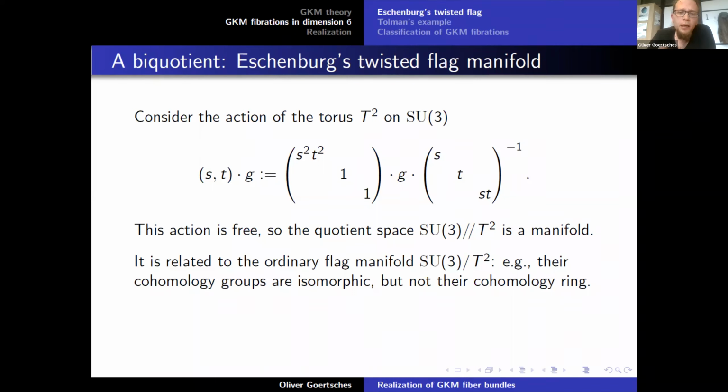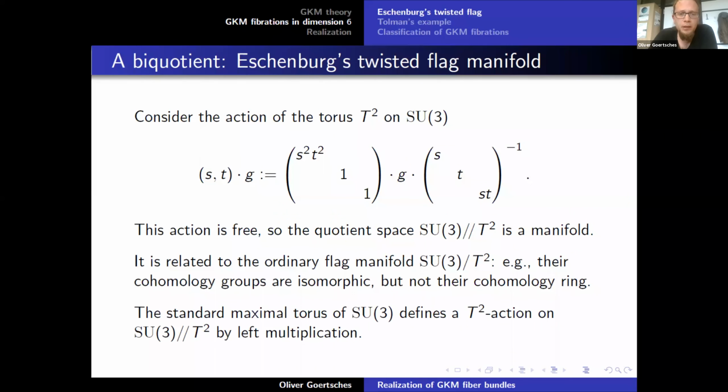And I claim that these two manifolds also have other things in common, not only their cohomology groups. They have various geometric things in common. Several will turn up in the next couple of minutes.